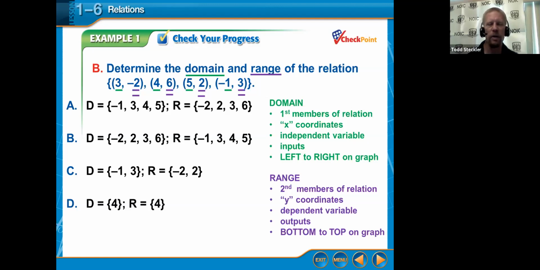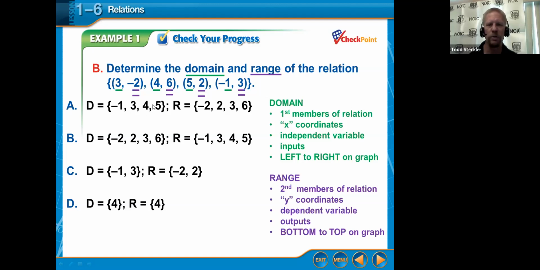So in this case, putting those 4 green numbers from least to greatest would be -1, 3, 4, 5. And notice we're using braces because this domain is considered discrete. In other words, there's only 4 numbers. So -1, then 3, then 4, then 5, and then a right brace. The left brace starts it, and the right brace ends it.